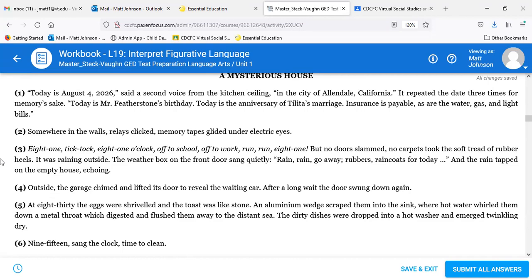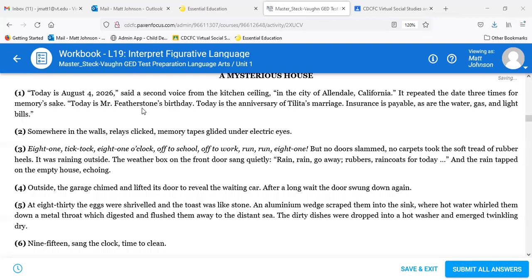gliding under electric eyes. 8:01, tick-tock, 8:01 o'clock. Off to school, off to work, run, run, 8:01. But no doors slammed, no carpets took the soft tread of rubber heels.